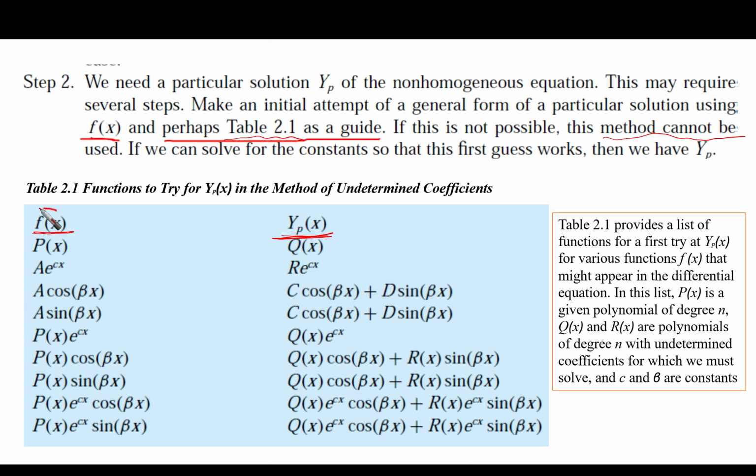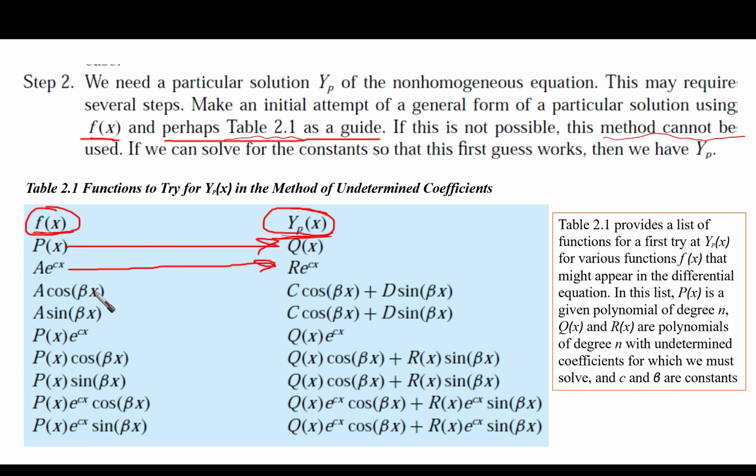In this table, this is the form of f of x, and this is the form of yp that might help you with guessing. If f of x is a polynomial, then choose yp to be another polynomial. If it is an exponential function, then use an exponential function as a guess for yp.